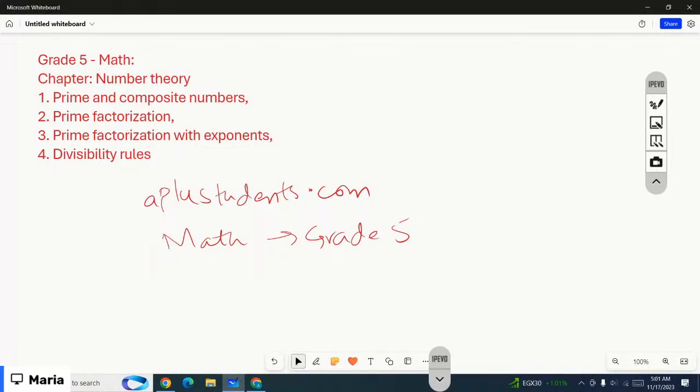There you can find a list of the chapters. We're going to start with chapter number 3, and the lessons we are going to cover from the chapter are prime and composite numbers, prime factorization with exponents, and divisibility rules.